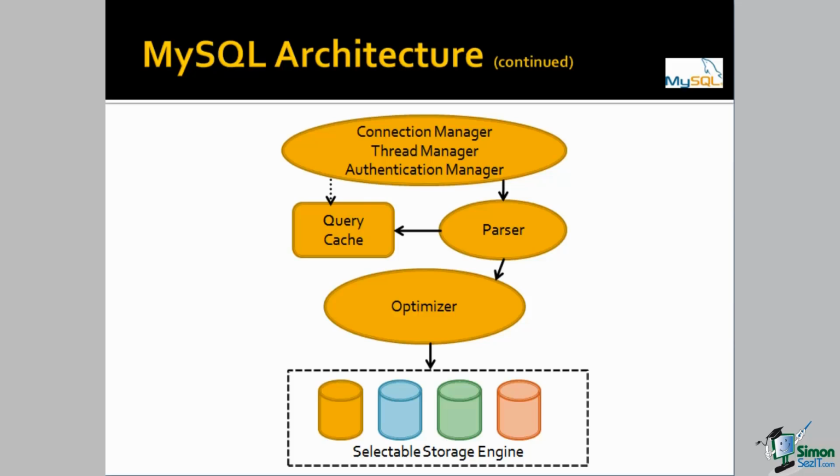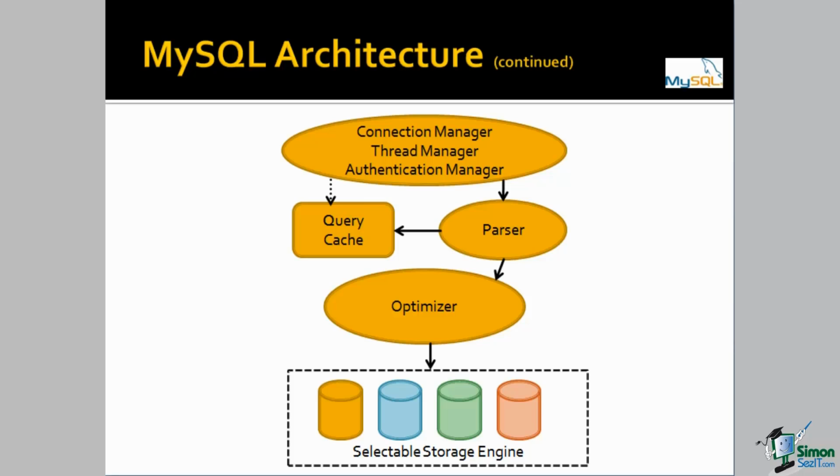We're going to look at each of these components in much more detail. But again, to get an understanding of the high-level framework of the MySQL architecture, we're going to group these into categories for now.